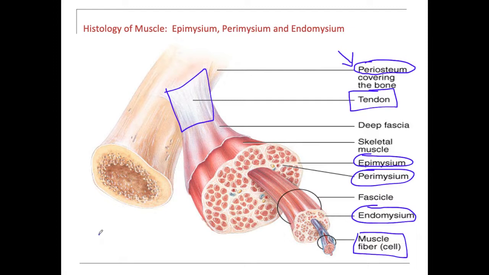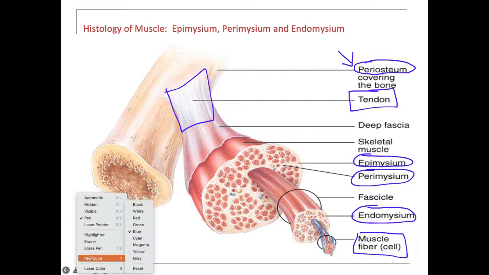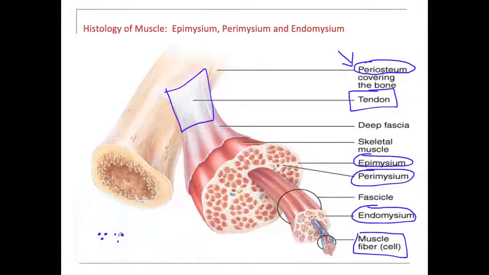So let's say these are all individual fibers, muscle fibers, okay? Now, let's see if I can change the pen color. We'll change it to yellow. So this yellow going around these are the endomysium. Okay, so we have an endomysium going around these.